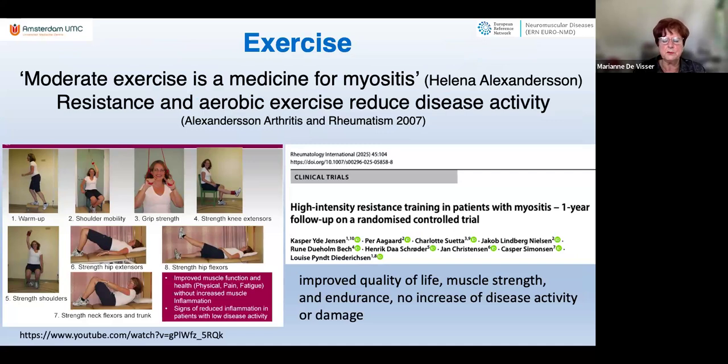And the evidence may not be very robust, but surveys amongst patients show that the patients highly appreciate mild to moderate intensity, non-fatiguing exercise, and also report improvement of endurance and pain. And very recently, as you can see on the right side of this slide, a high intensity resistance training RCT was performed and led not only to improvement of muscle strength, but also endurance and quality of life.